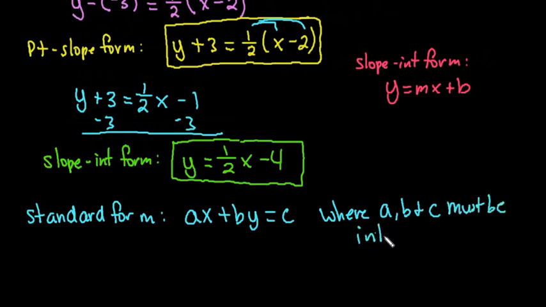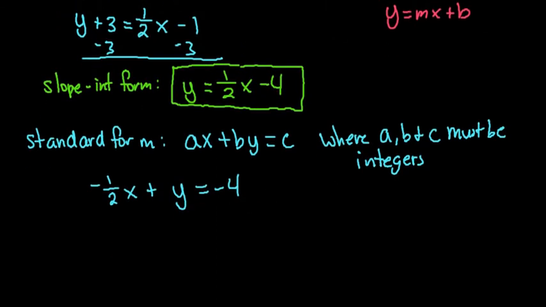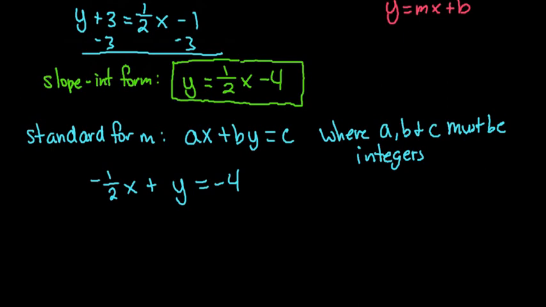That means that there can't be any decimals or fractions. So if it wants it in standard form, what we would need to do is move the x to the same side. So we would have -1/2 x plus y equals -4. And then because this is a fraction, we would have to get rid of it. To get rid of the fraction, we would multiply everything by -2.